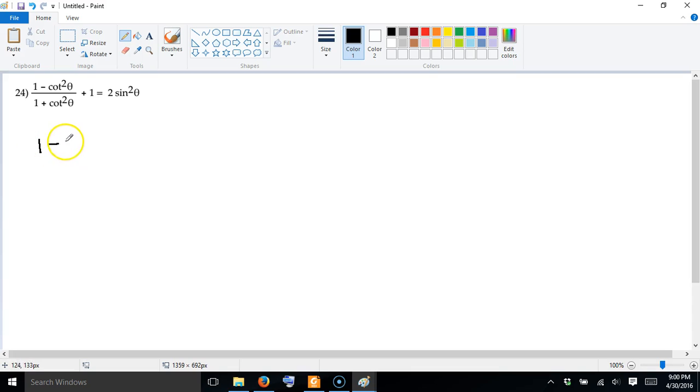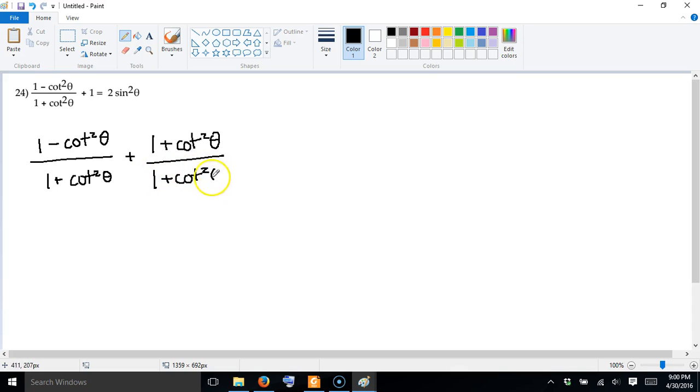So I'm going to say 1 minus cotangent squared theta over 1 plus cotangent. Oh, that's supposed to be a plus. Plus this 1, same thing as saying 1 plus cotangent squared theta over 1 plus cotangent squared theta.